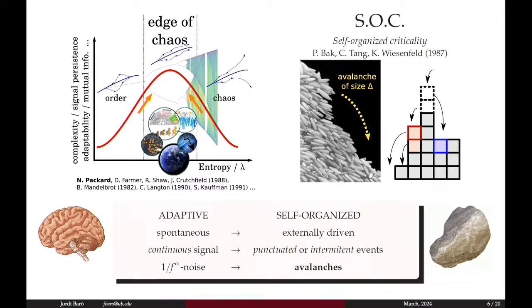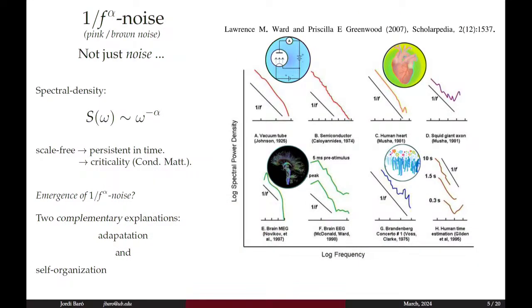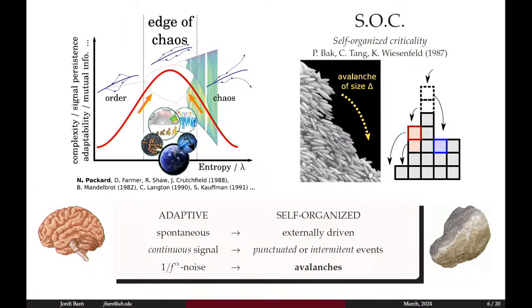In parallel, we had this idea by Per Bak of self-organized criticality. He identified that even simple systems like a pile of sand or a pile of rice, this is the Oslo experiment, can exhibit this transition towards critical behavior, this 1/f noise, which we can explain in terms of avalanche dynamics.